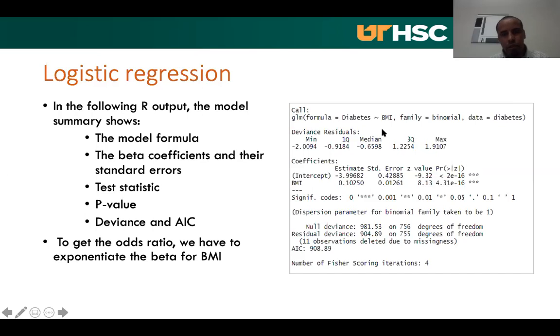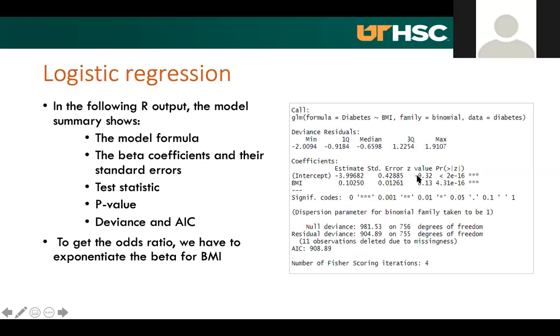We'll not go into detail on this one in this presentation. And then we have the coefficients, a beta estimate for the intercept, which is negative 3.99682. And then we have a standard error for the beta coefficient, the intercept.